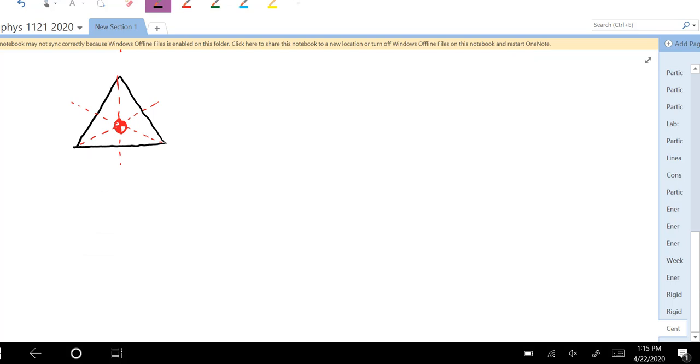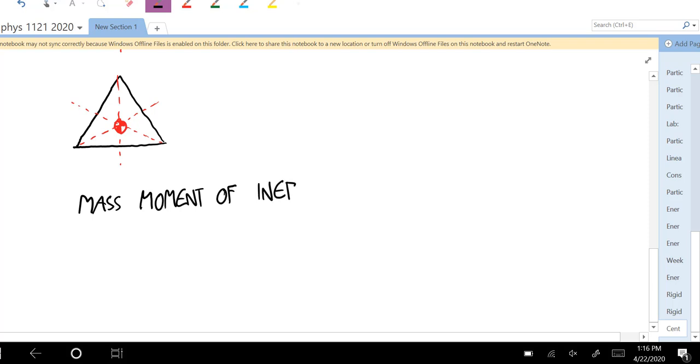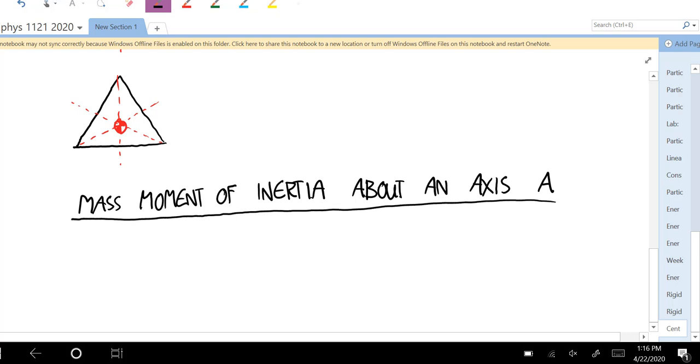Okay, and next, let's define the mass moment of inertia. I'm going to think of this as the mass moment of inertia about an axis A. Well, what was mass?